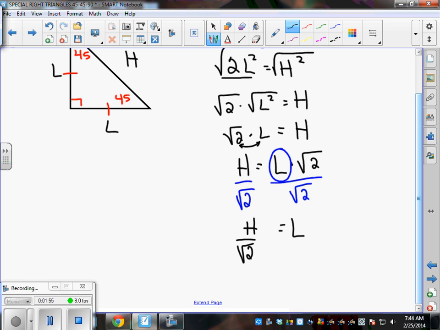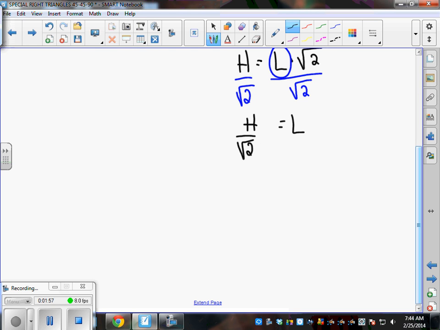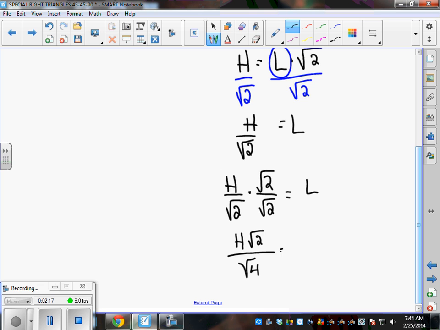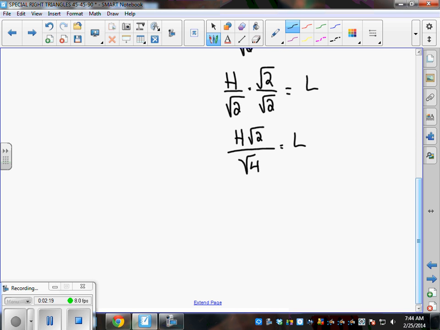If you remember, you're not allowed to leave radicals on the bottom of a fraction. So at that point, you would want to rationalize the denominator by multiplying top and bottom by the square root of 2 and get h square root of 2 over the square root of 2 times the square root of 2, which is the square root of 4, so that would be h square root of 2 over 2.